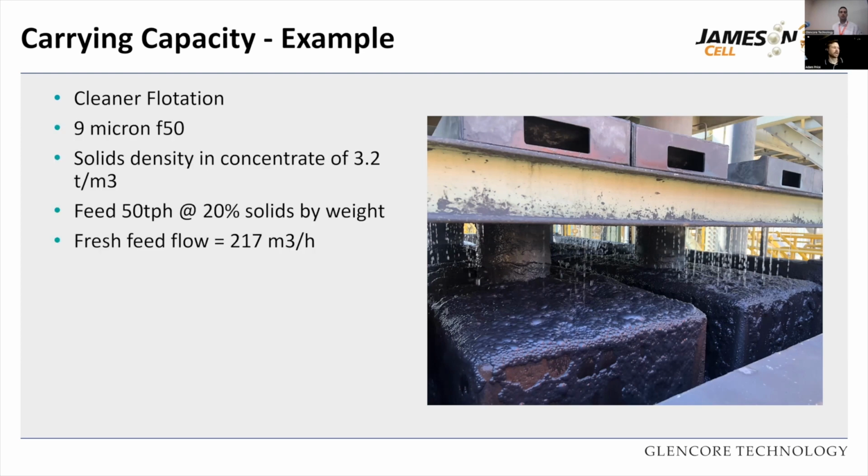In this scenario, we would look at a feed with an F50 of 9 microns. We'd have a solid density of 3.2 tonnes per meter cubed, and a feed rate of 50 tonnes per hour dry feed at 20% solids. That results in a fresh feed flow of around 217 meters cubed per hour.